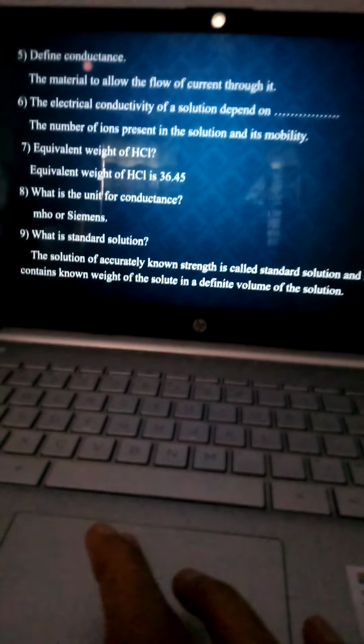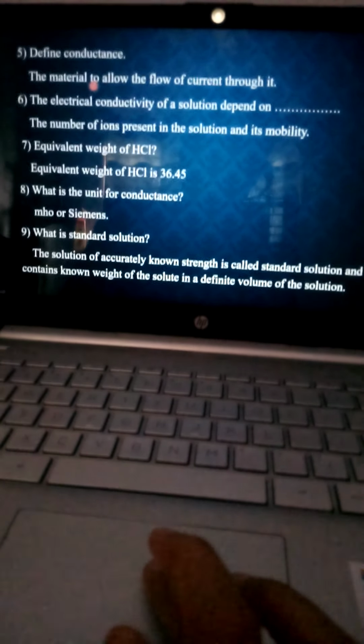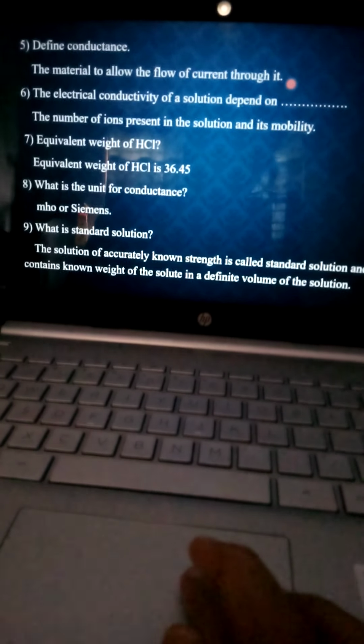Next we will discuss the definition of conductance. This is very simple. Any material which allows the flow of current through it is known as conductance.